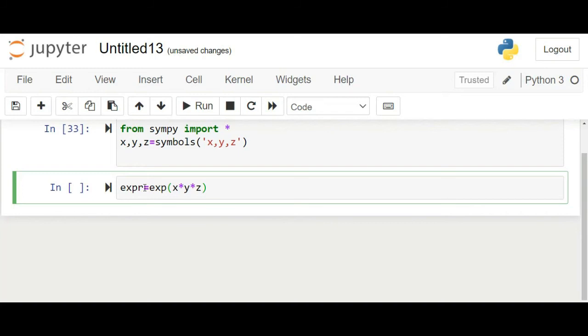So it means e raised to the power x, y, and z.